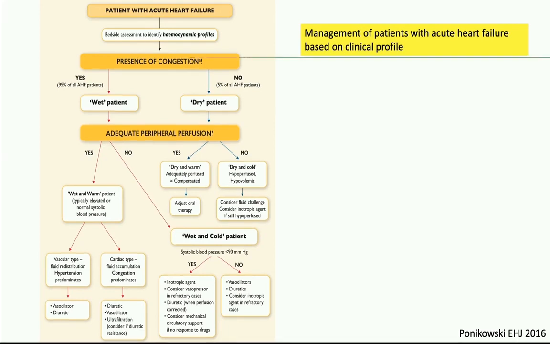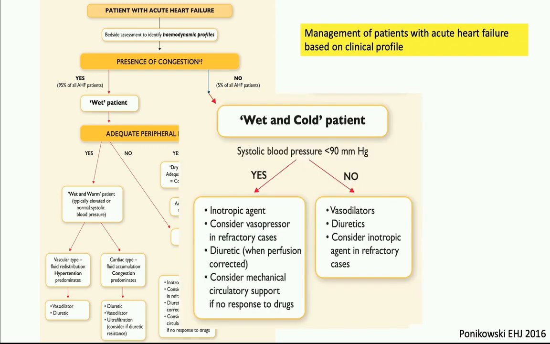The guidelines from the ESC have then asked us to look at the patients in the cold and wet manner, or the dry patients, and then decipher whether the patient should be having inotropes, mechanical circulatory support, or diuretics.